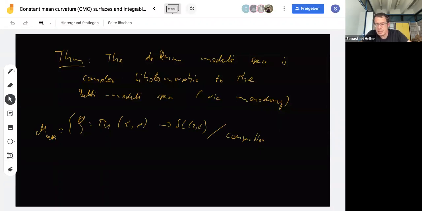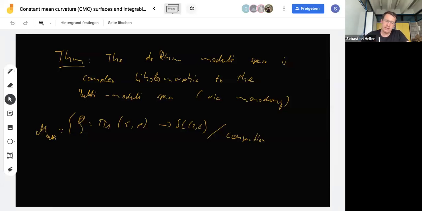The space SL2C is three-dimensional, and you have 2G many of these SL2C matrices, but then you have this overall conjugation which subtracts 3 dimensions, and then you have this implicit equation on these matrices, which at the irreducible ones is a submersive equation.